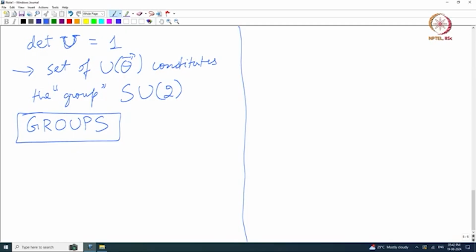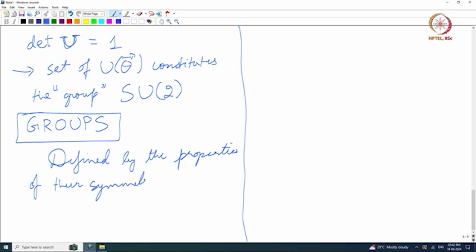So what are groups? These are mathematical entities that are defined by the properties of their symmetry operations, okay, acting on the elements of this group, like matrices, like spinors that we just saw, right.